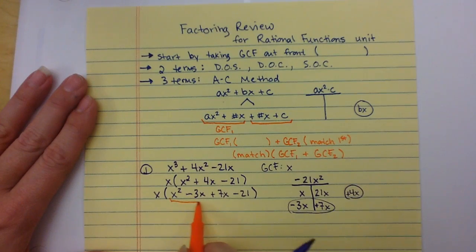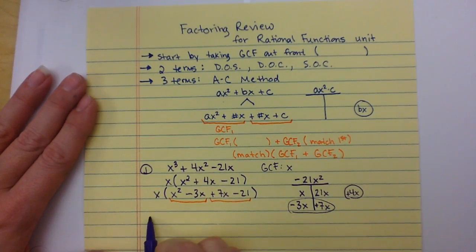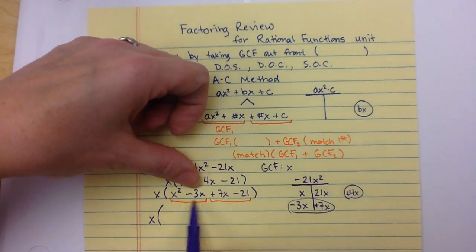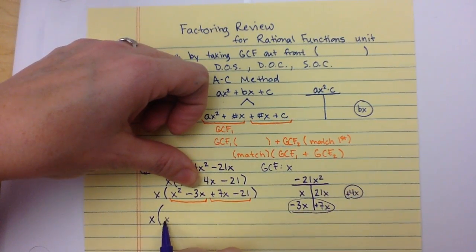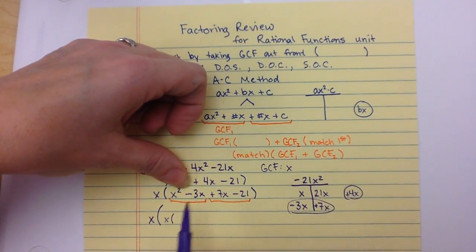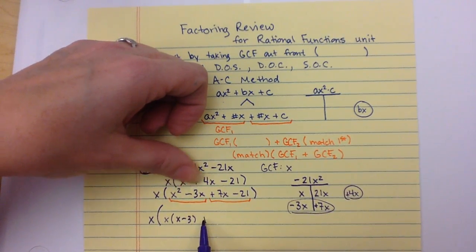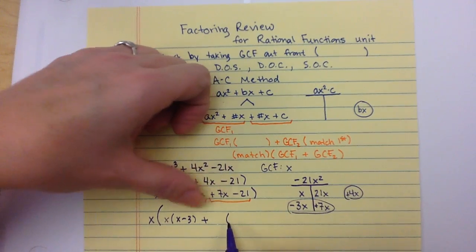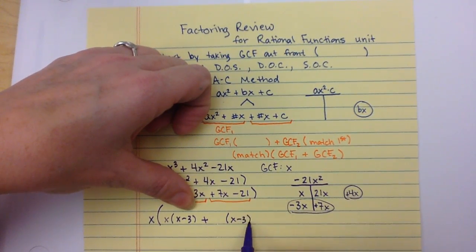And then I'm going to group these together, group those together. Remember, I've got to leave that x all the way out front. So what can come out of this first group is just an x. And when I take that x out, I'm left with x minus 3. In my second group, I have to match x minus 3.